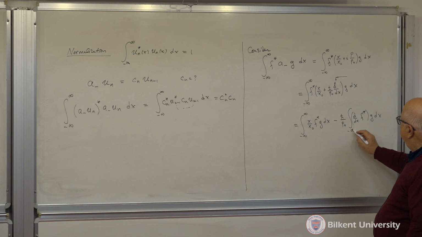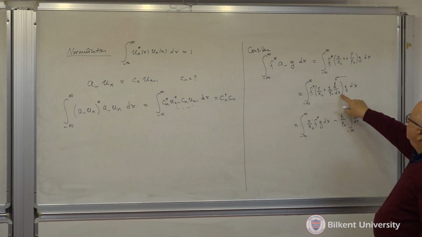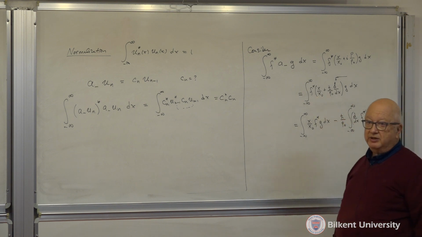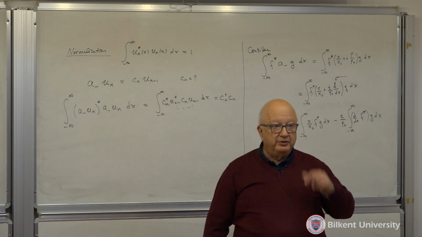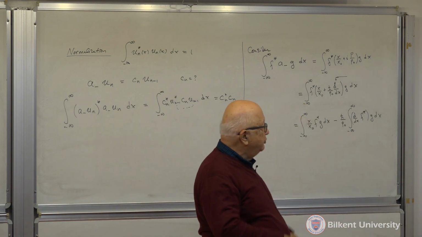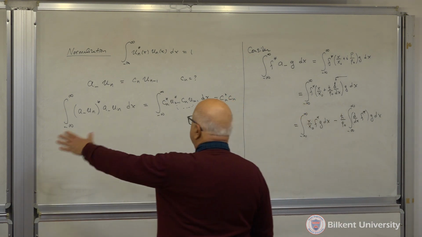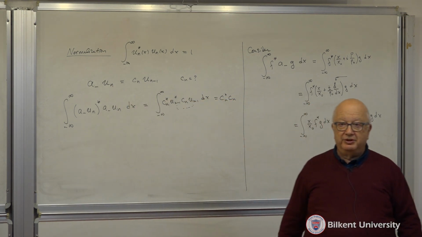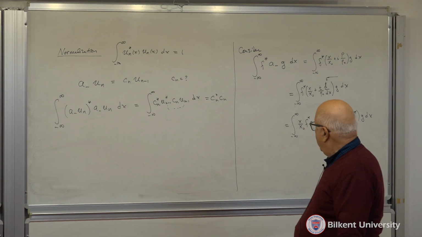So I move the derivative from g to f, but I now have a minus sign associated with the integration by parts. The boundary terms go to 0 because at the boundaries I am working with wave functions, things like Gaussians, which always go to 0.